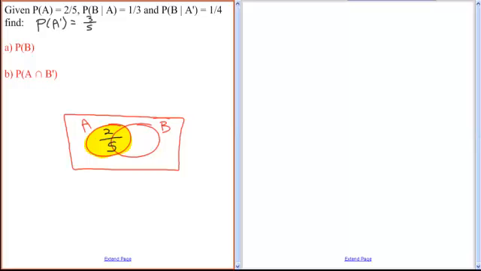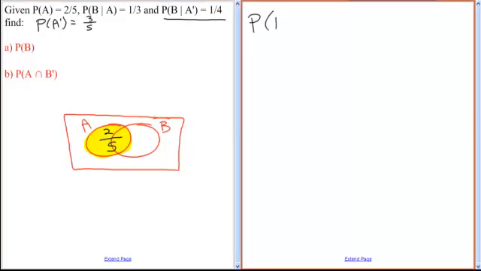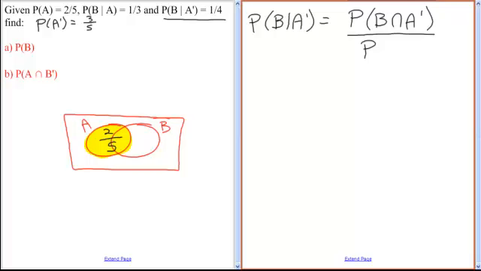So to start with, I'm going to use this fact right here. The probability of B given the complement of A is the probability of B intersecting with the complement of A all over the probability of A's complement. So I already know A's complement, and I know B given the complement of A, which means I can instantly find my intersection.